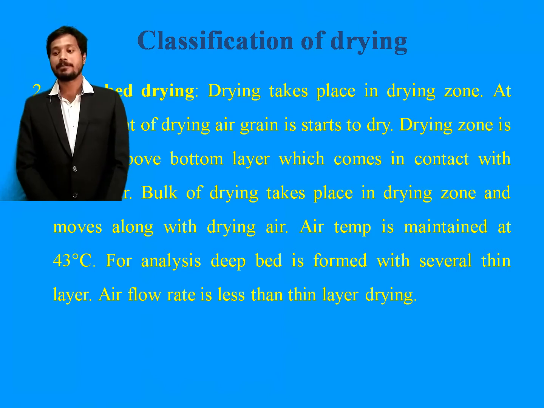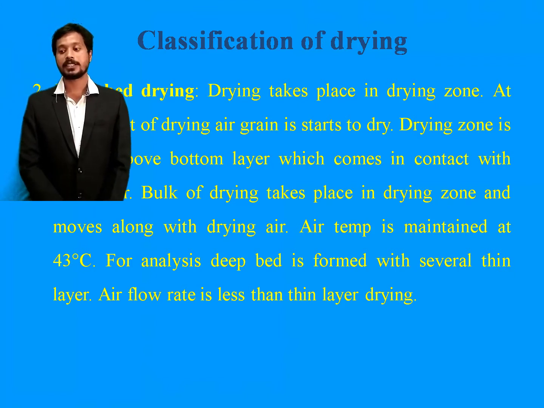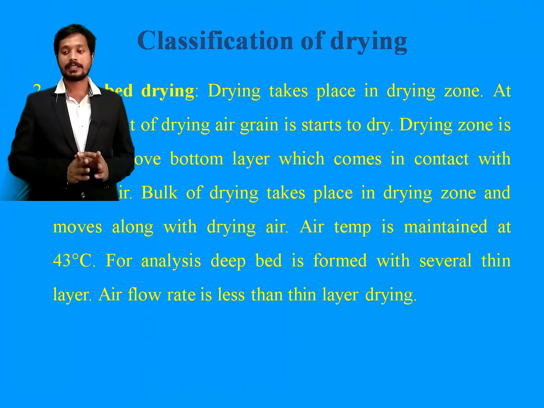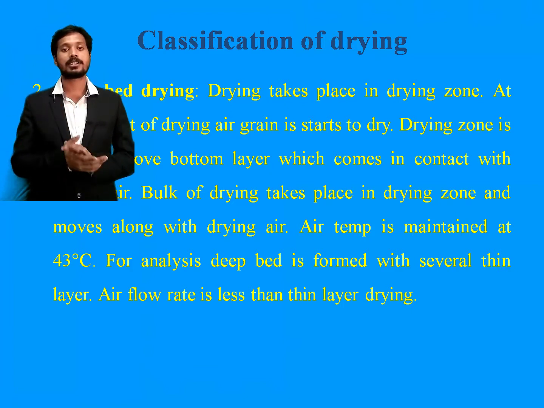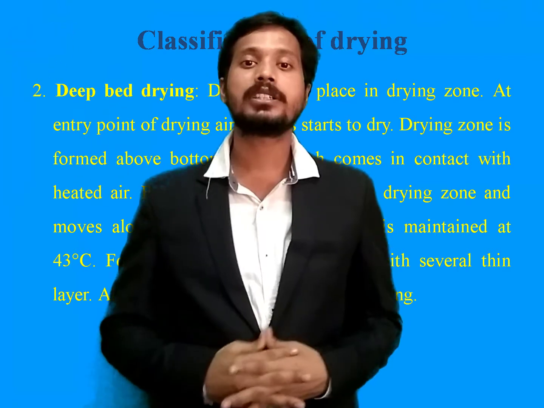The air temperature is maintained at 43 degrees Celsius. For analysis, the deep bed is formed with several thin layers. The air flow rate is less compared to thin layer drying. So this is all about your deep bed drying process.